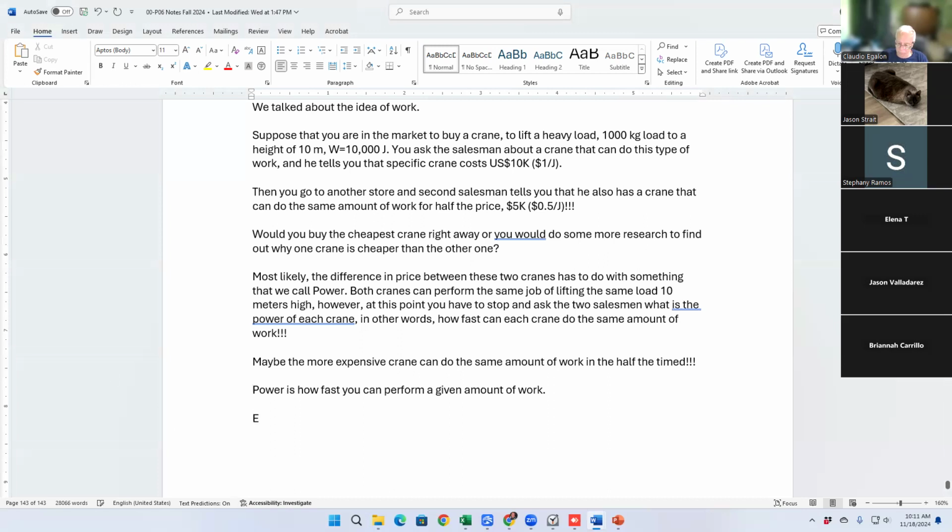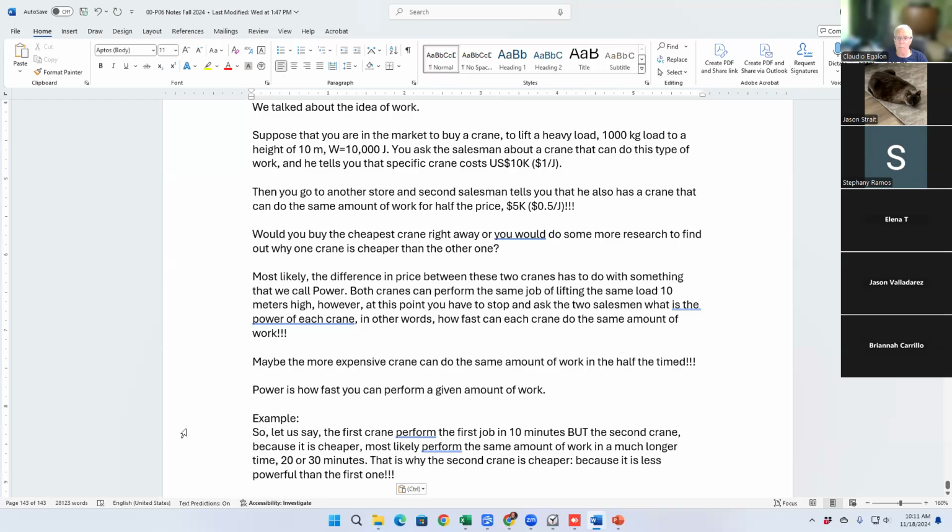For example, you got the first crane. The first crane can perform the first job in 10 minutes.